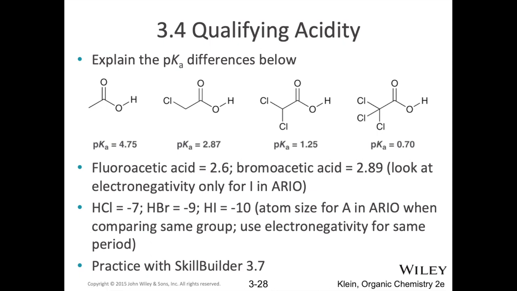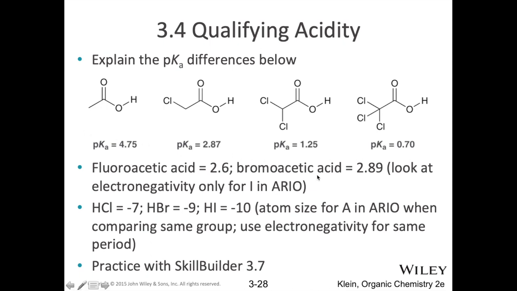Now, I think what gets a lot of students is that the A in REO doesn't look just at electronegativity, but it also looks at atomic radius. So for example, if I were comparing hydrochloric acid with hydrobromic acid, hydrobromic is a stronger acid than hydrochloric. It's got a lower pKa because bromine is a larger atom, and it's able to house that negative charge better.